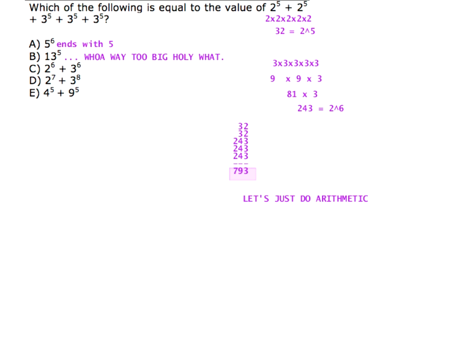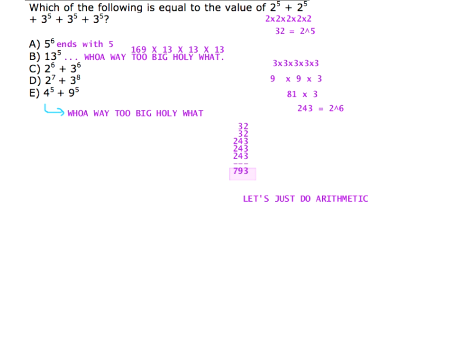There's no way it's only going to be 793. And if you look at these, they're also way too big. If you look at 9 to the 5th, that's 81 times another 9.